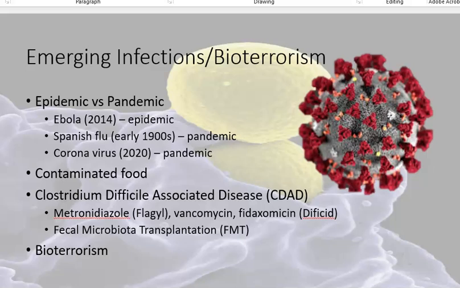So now we're just going to go through a brief overview of emerging infections or bioterrorism. Emerging infections, remember, strict infection control measures prevent the spread of microbes even when dealing with bioterrorism.